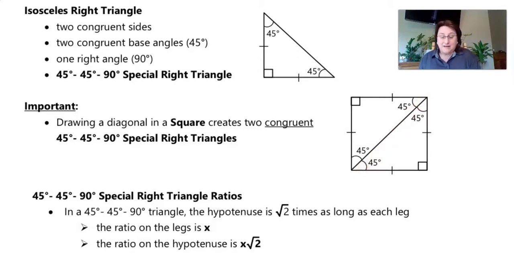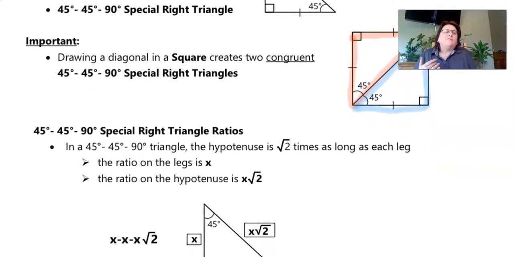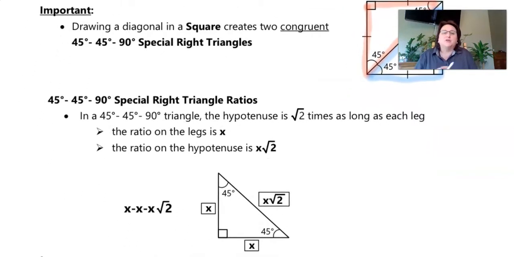That means we can make two congruent 45-45-90 degree triangles from one square. When you have a square, you can cut it in half through the diagonal and you will have two 45-45-90 degree triangles. Now, what makes these triangles so special?